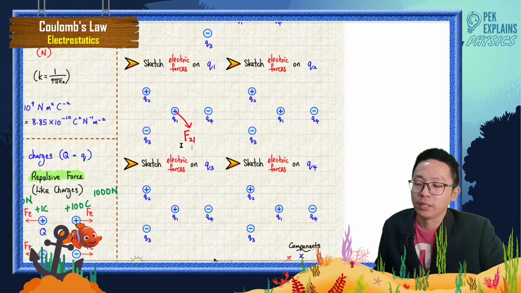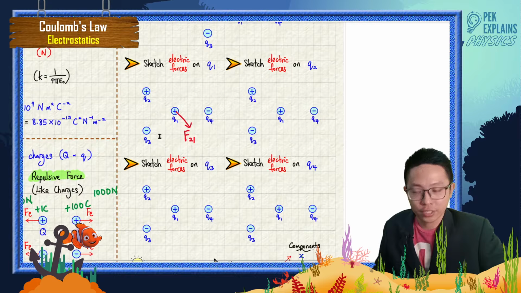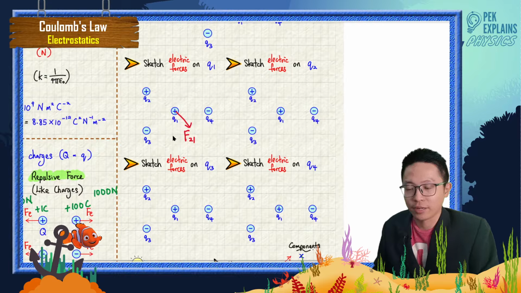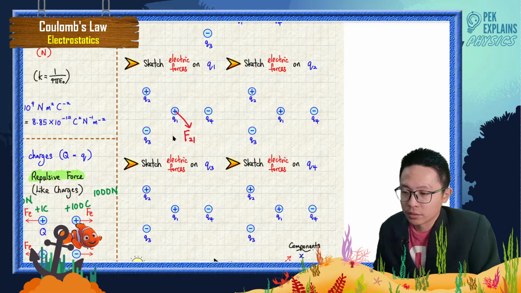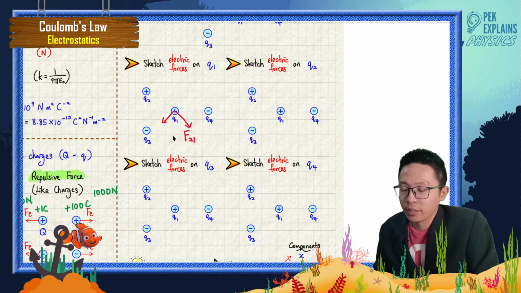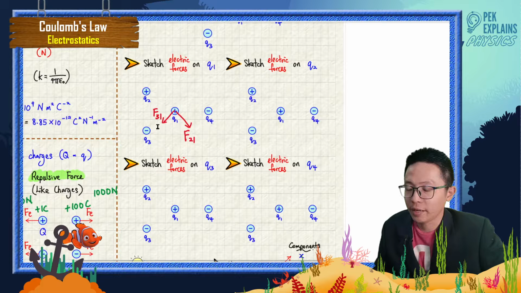Now, how about between 1 and 3? They are unlike charges, opposite sign, so they attract each other. 1 is attracted to 3. So we can say this is F31.